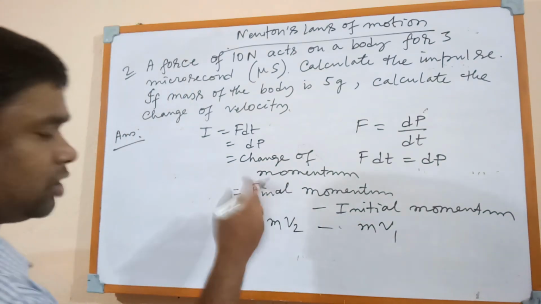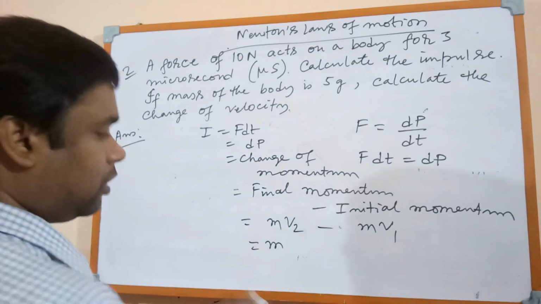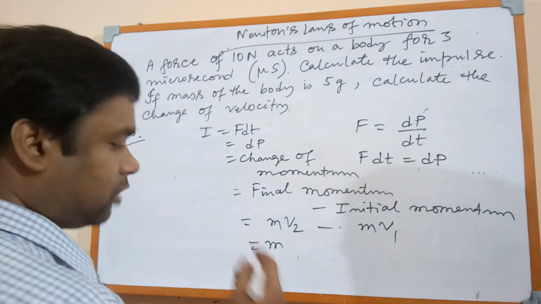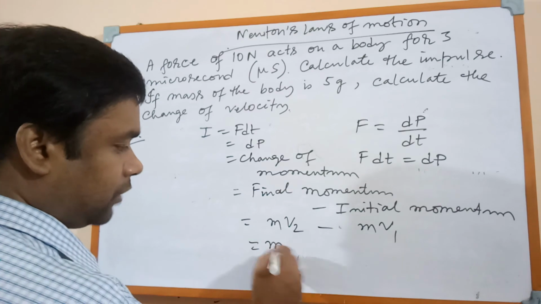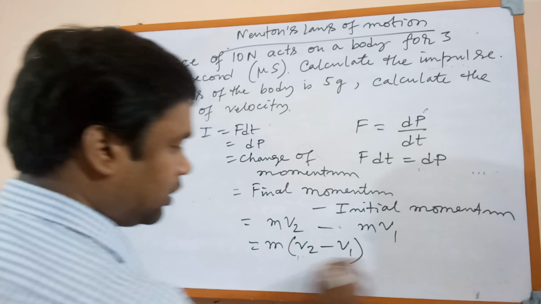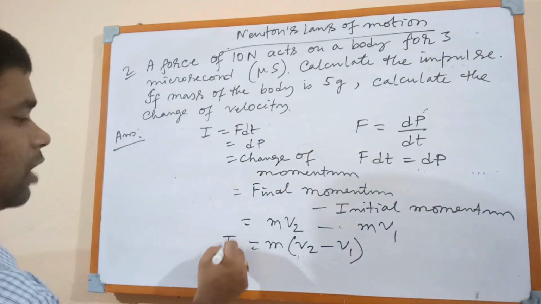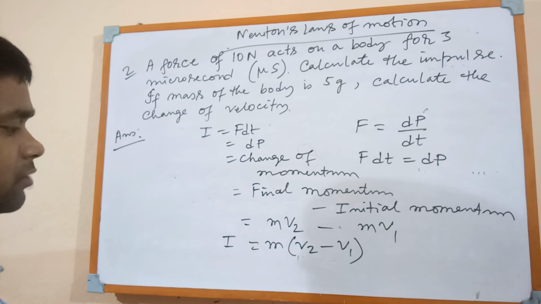So the change of momentum is mv2 minus mv1. Taking m as the common term, I equals m into (v2 minus v1).